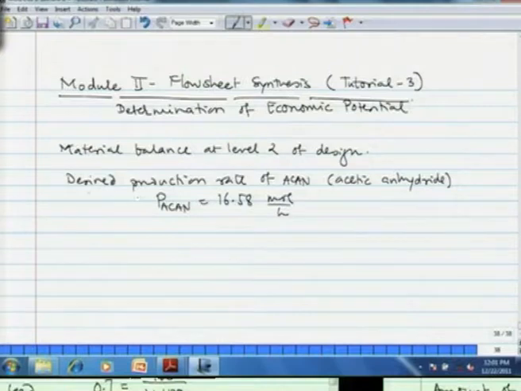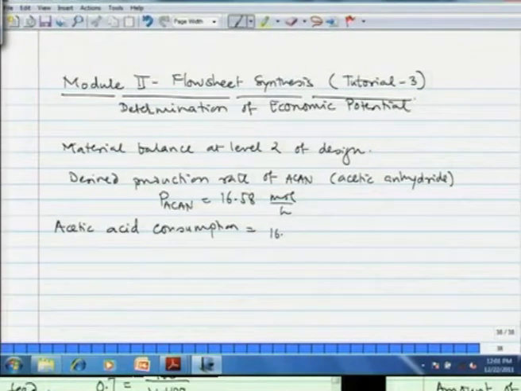Now, from stoichiometry, we can write easily the consumption of acetic acid also to be 16.58 mole per hour.